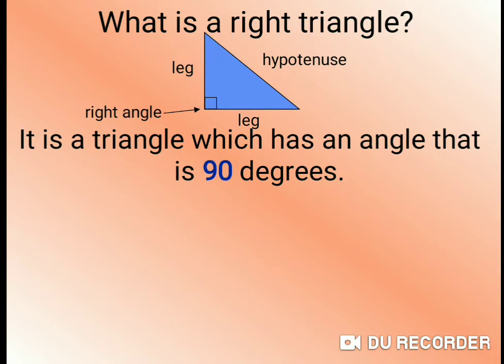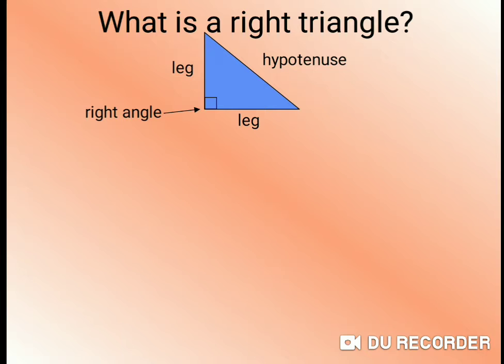So what is a right angle triangle? As you can see in this figure, this is a right angle triangle and these are two perpendicular sides of the triangle. Perpendicular sides of the triangle are those sides which join together at one common vertex to form your right angle.